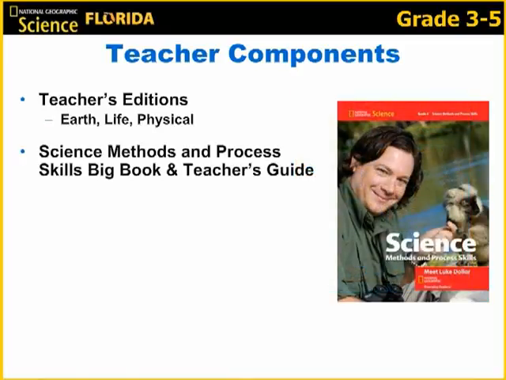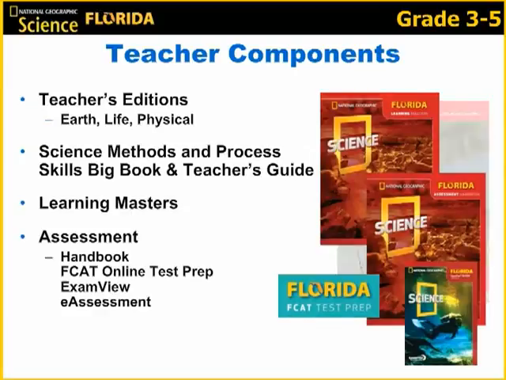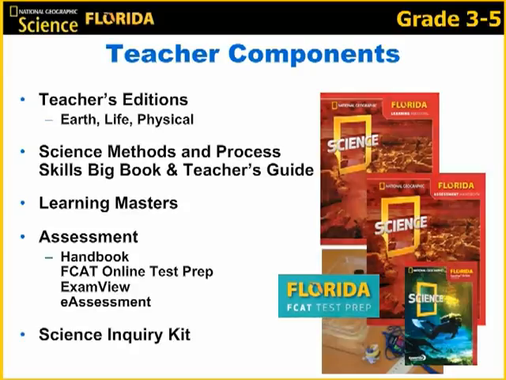There is also a Science Methods and Process Skills Big Book and Teacher's Guide that's used to help build scientific literacy for your future scientists. You will also have Learning Masters and Assessment Handbook. For assessments in grades 3 through 5, you will also have access to the FCAT Test Prep online resources, ExamView CD-ROM, and eAssessment, our online assessment tool.